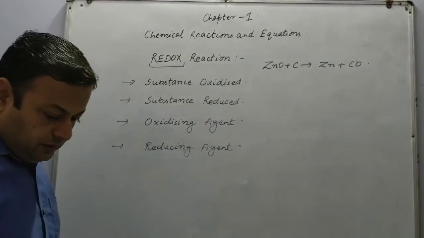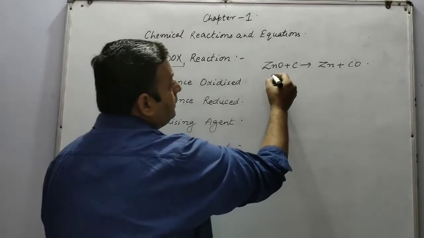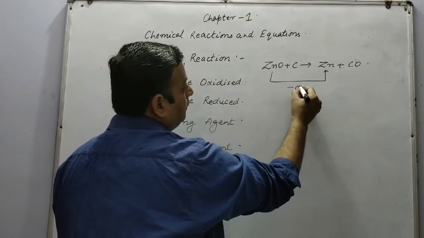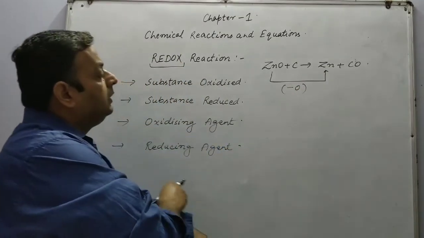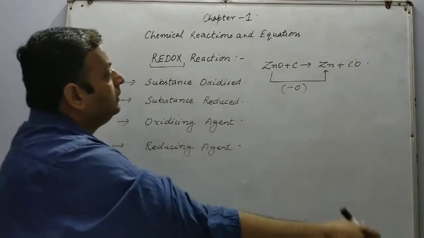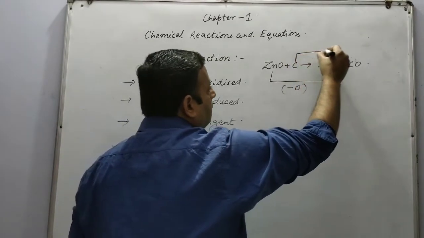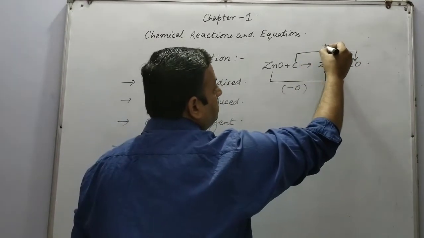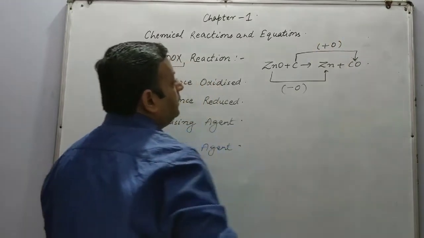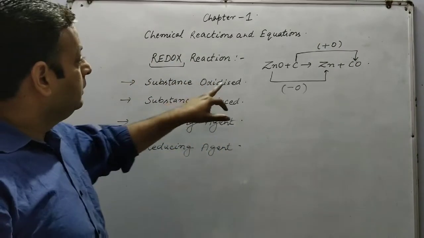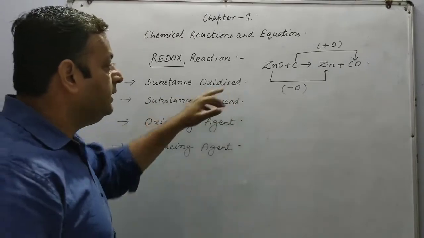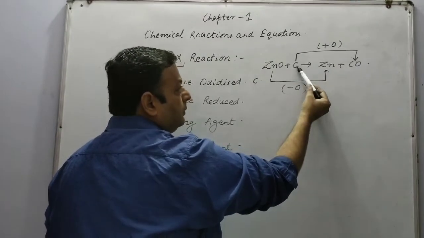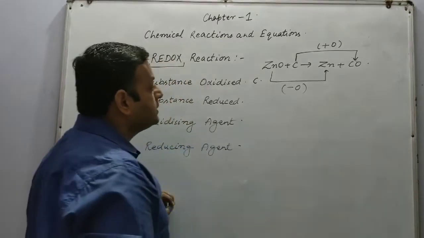Now in this example we can say zinc oxide is getting converted into zinc, means removal of oxygen, and carbon is getting converted into carbon monoxide, means addition of oxygen. So the substance oxidized is carbon, because oxygen is added to carbon so that it gets converted into carbon monoxide.